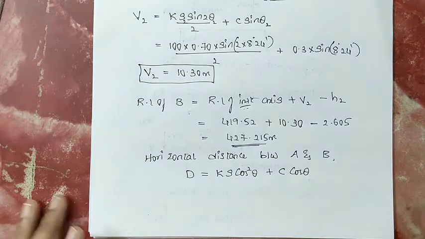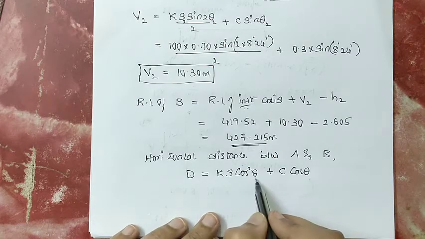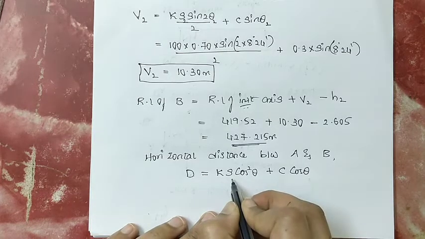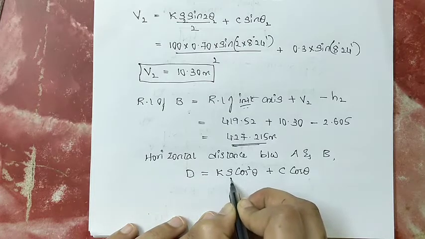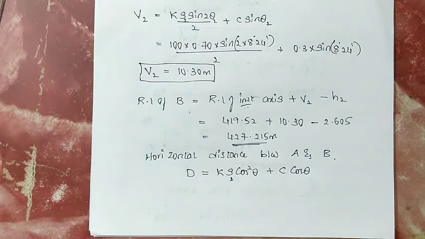This is the formula. Here, S as well as theta you need to take from the second observation, which is taken on B station, because you are calculating the distance between A and B.